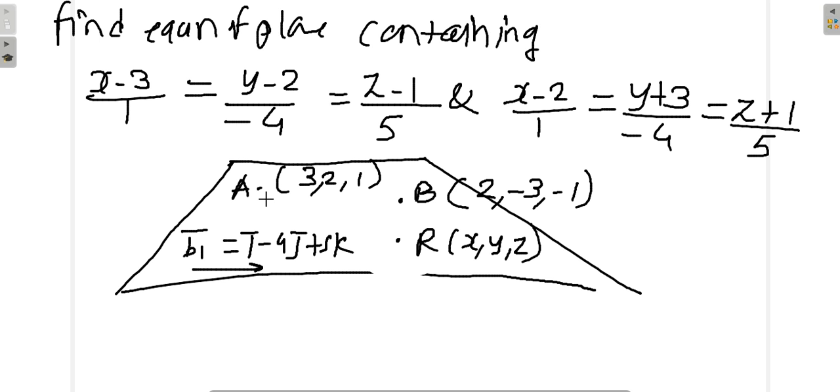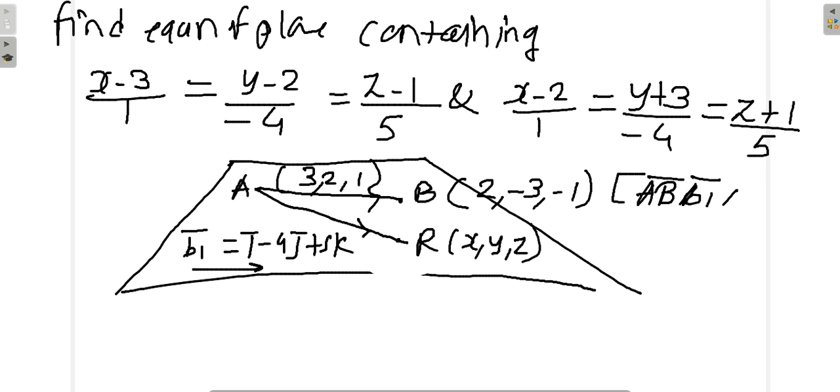So now we have got three vectors. One vector is AB, another vector is AR, and the third vector is this b1 bar. Since they are coplanar, their box product must be 0. AB bar, b1 bar, and AR bar, their triple product must be 0.